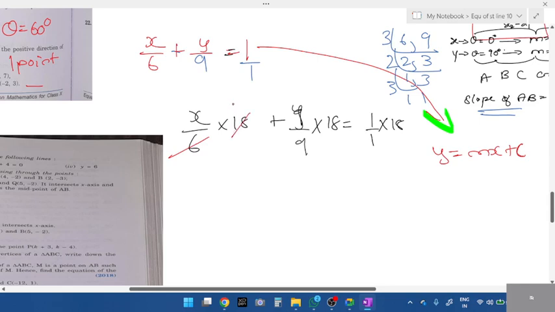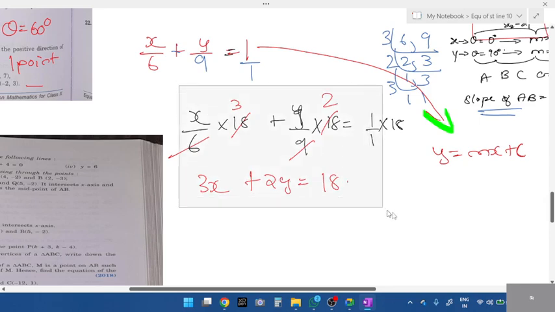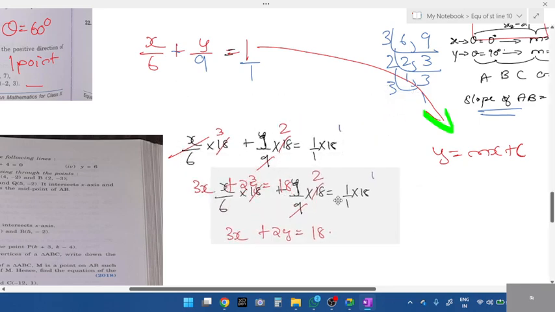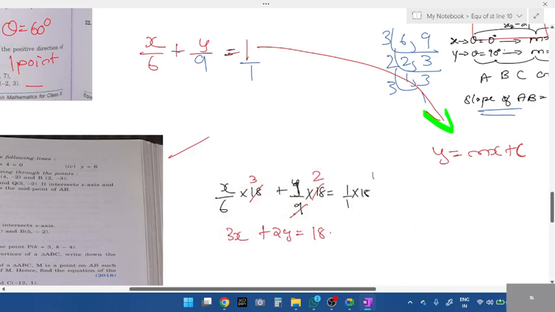6 ones are 6, 3s are 3x, 9 twos are plus 2y, 1 into 18 is 18. Is it clear? Understood? Better do it like this directly.